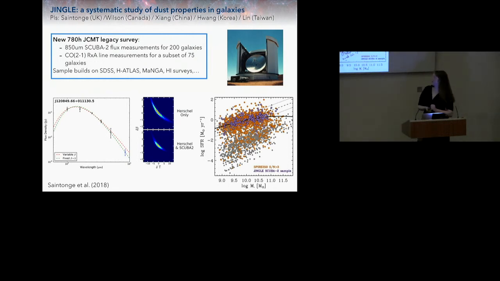This is a great machine to study that. So we've been doing a large-scale survey called JINGLE, where we, again, take this big picture approach. We try to canvass the entire galaxy population to try to establish more relations, more fundamental rules for how galaxies relate to each other.